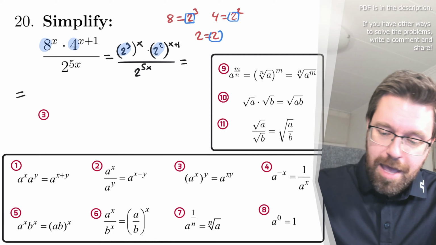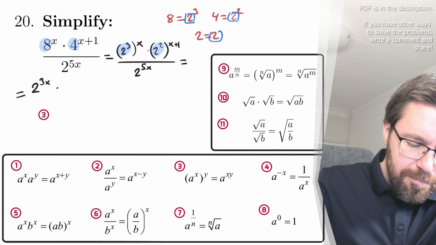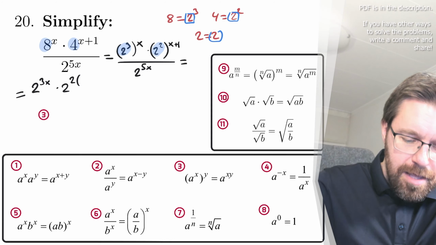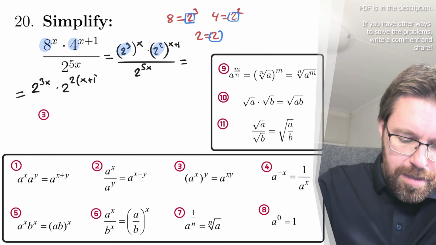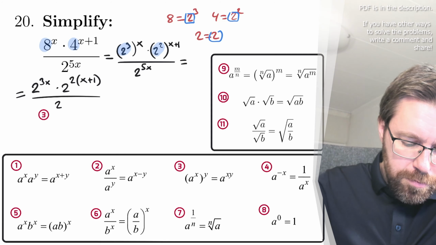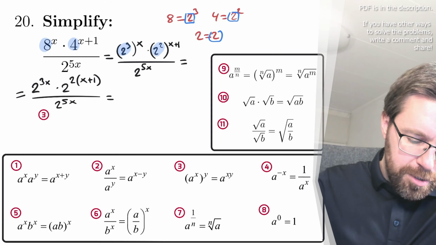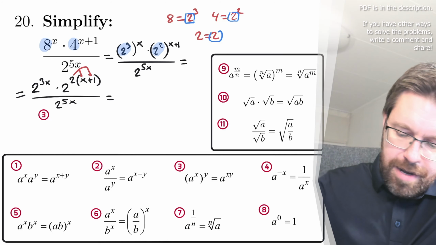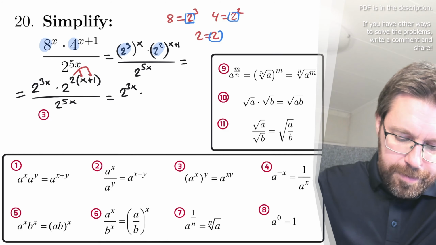And then we have 2 raised by 3x times 2 raised by 2 times the exponent, and we write it in a parenthesis like this. And then divide by 2 raised by 5x. You multiply this number 2 inside the parenthesis like this and rewrite the whole thing.